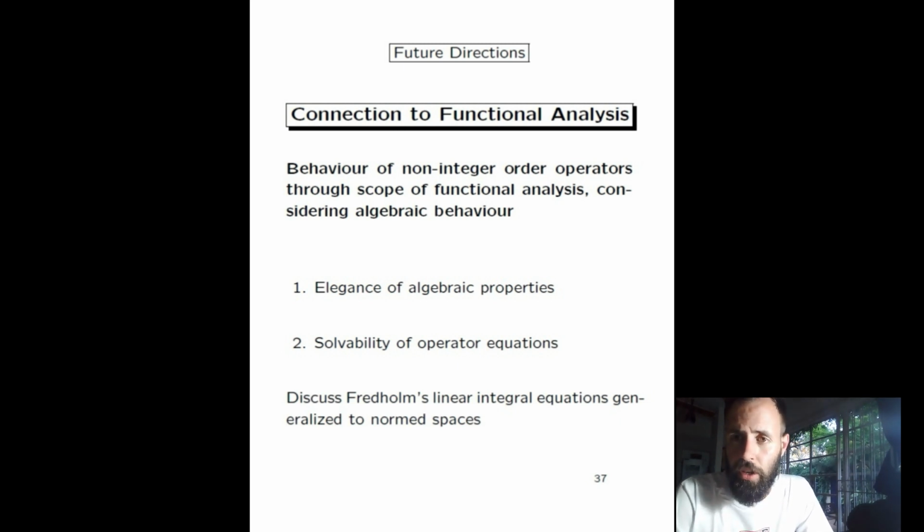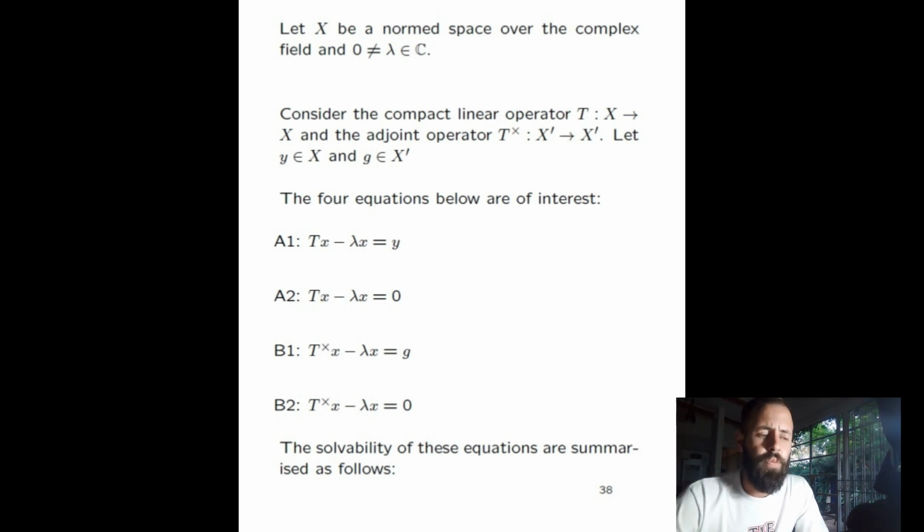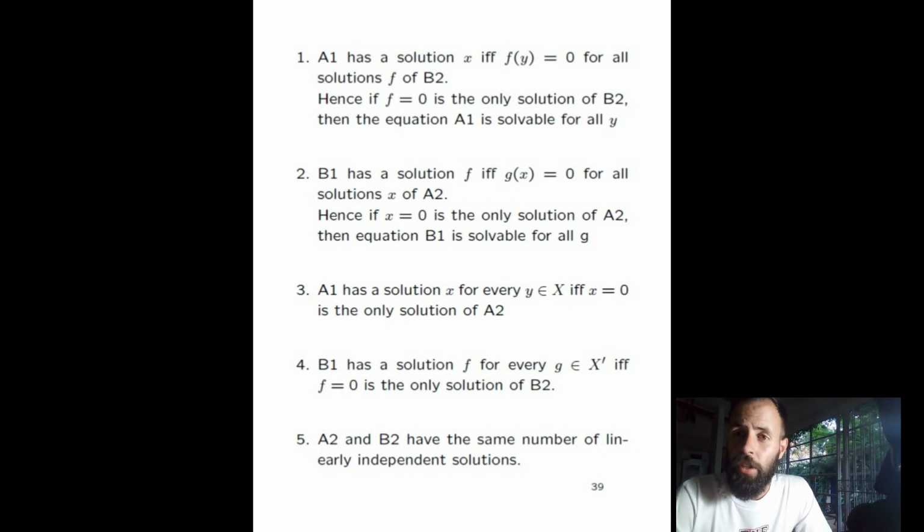So the next thing we're looking at is the future directions and where we're aiming to go with the fractional calculus in the next couple of years. If you recall from Fredholm theory, it is concerned with solving operator equations in generalized norm spaces, and providing certain criteria under which these operator equations do provide solutions.